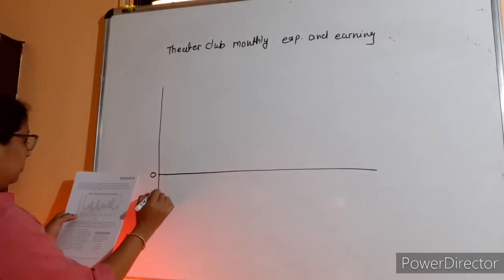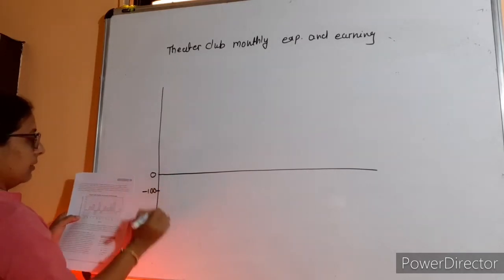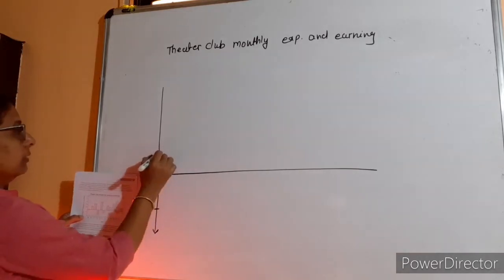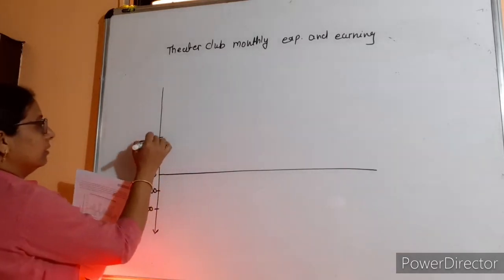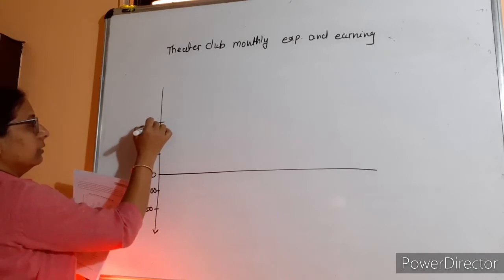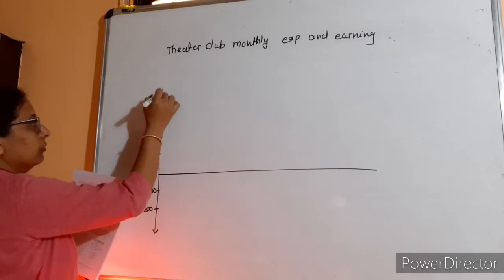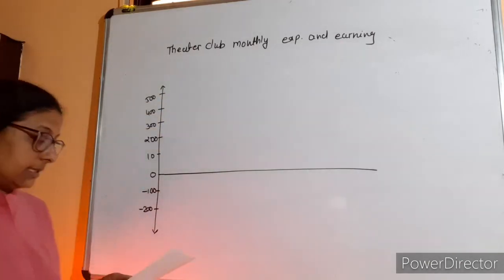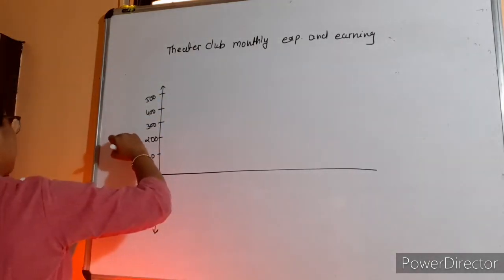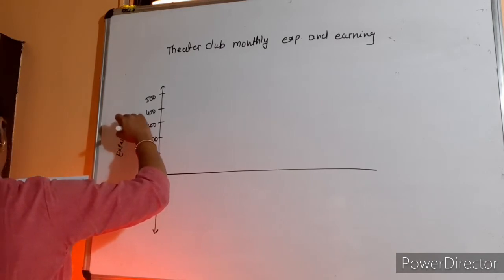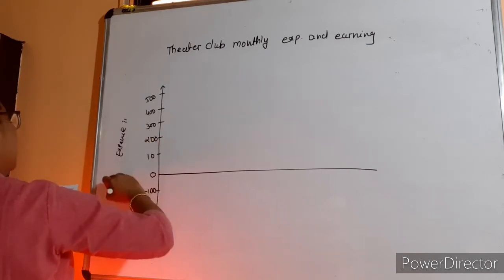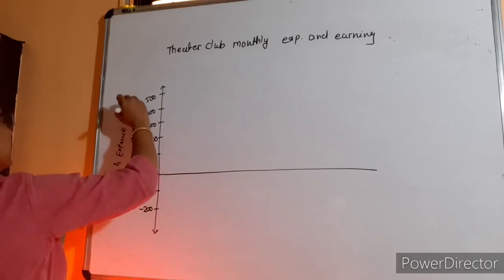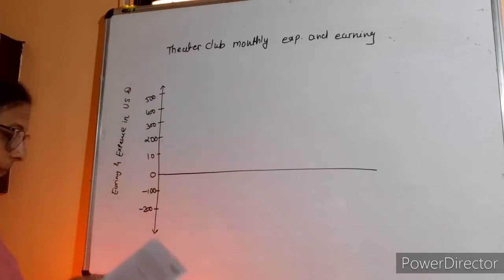Here 0, minus 100, minus 200, 100, 200, 300, 400 and 500. This numerical data is on the y-axis. This is earning and expense in US dollars.